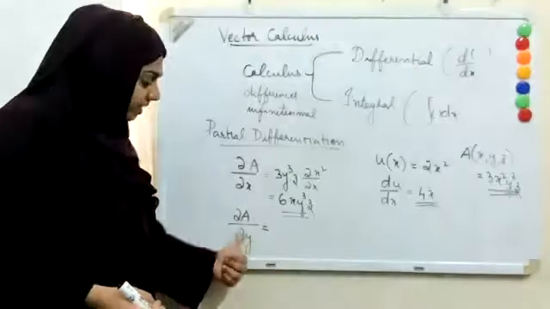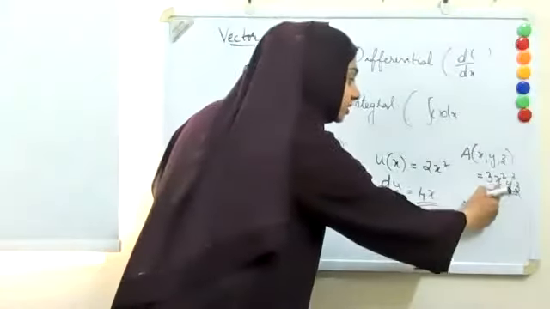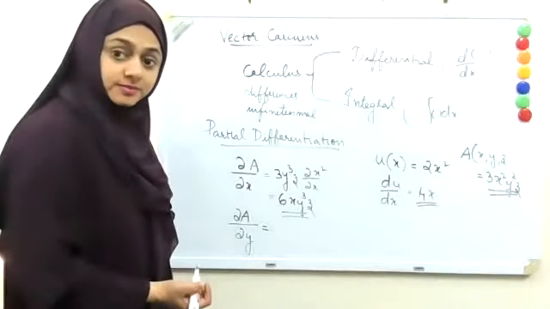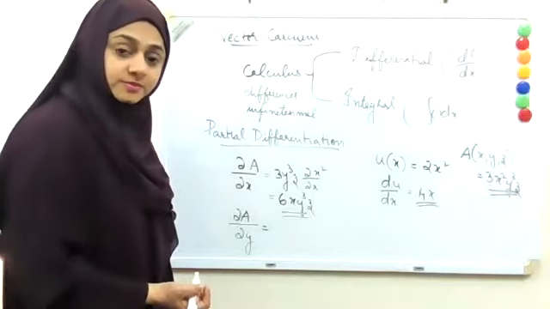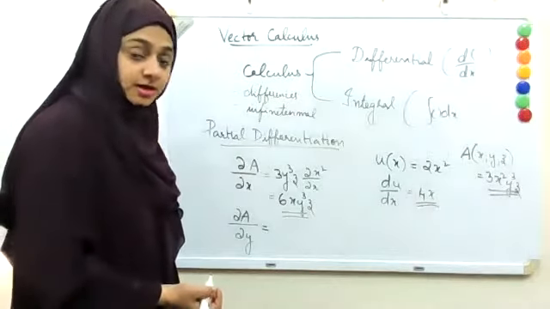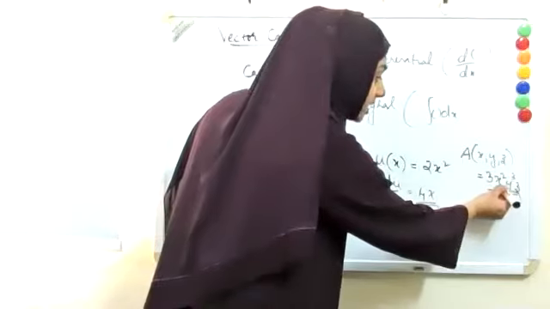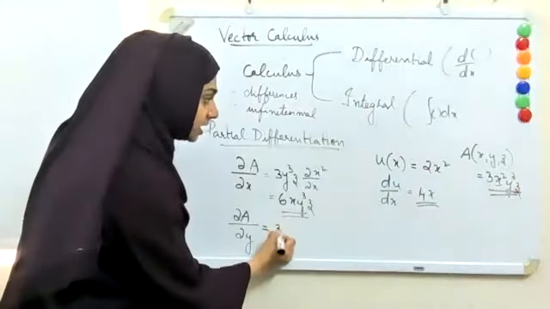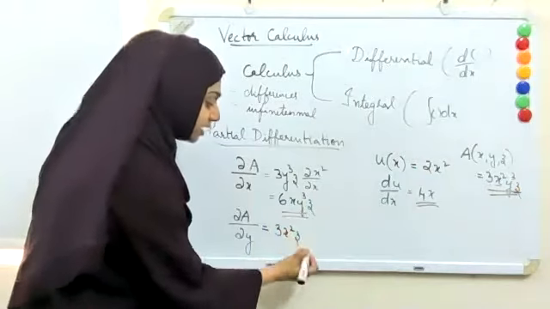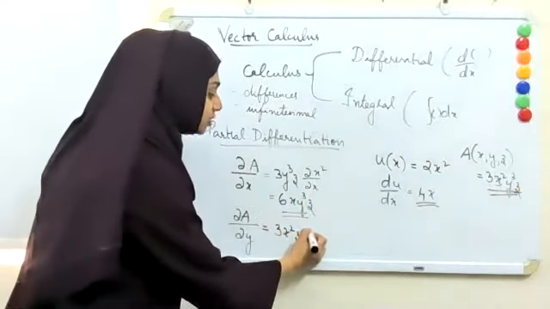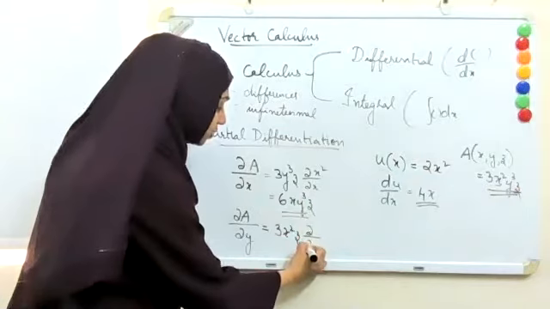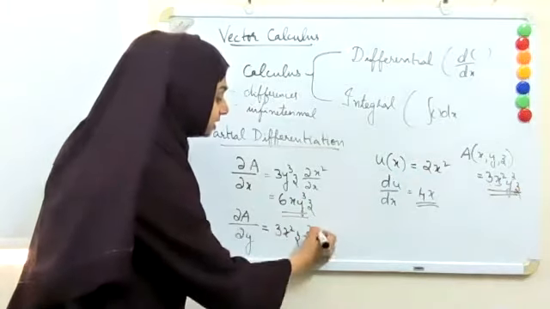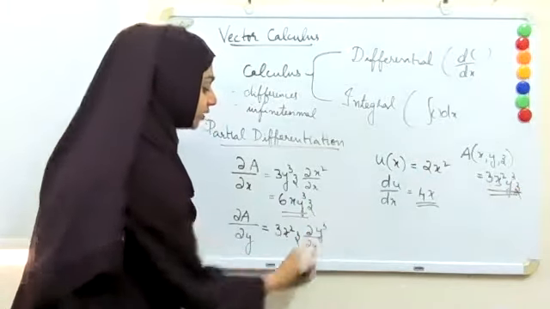So dou a by dou y. Can you tell me what it will be? Here you can consider x as constant, z as constant. So 3x square z will be taken out, and you need to differentiate only the quantity containing y cube.